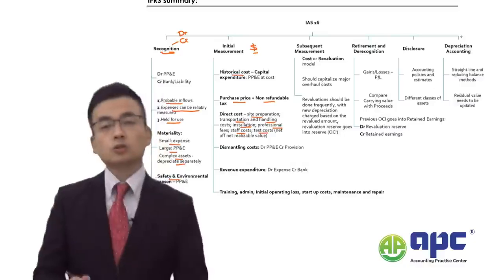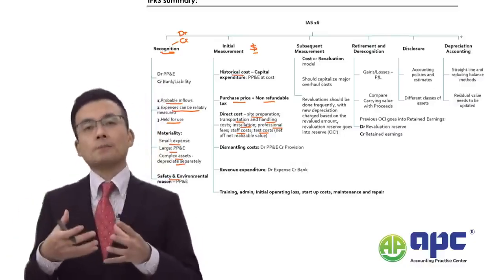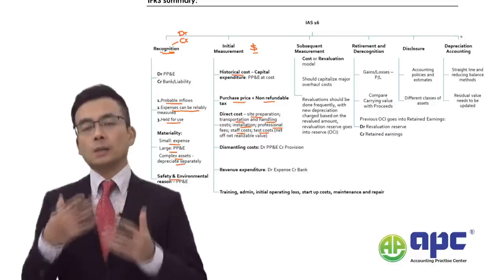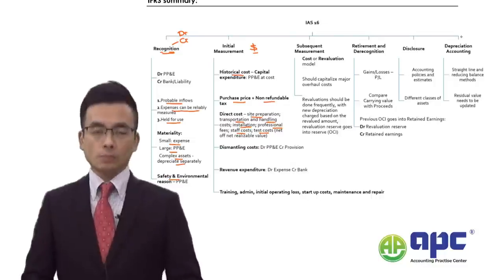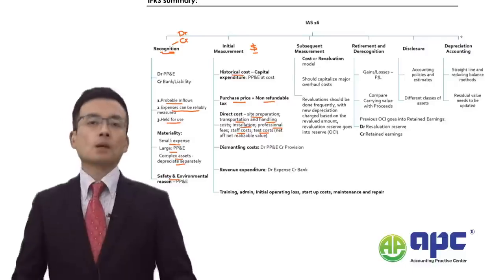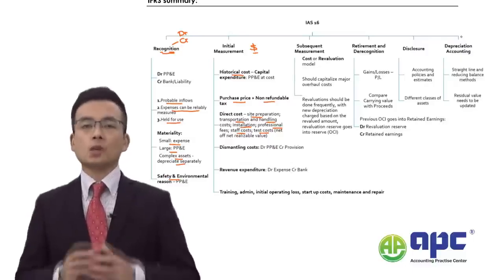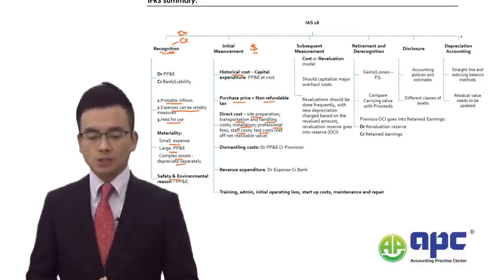And also test costs to test the equipment. You're going to input some materials in there before it can finally be confirmed that we accept the equipment that we purchased. The raw material costs that we incur in testing that equipment, whether or not it's up to a particular standard, need to be capitalised as well.